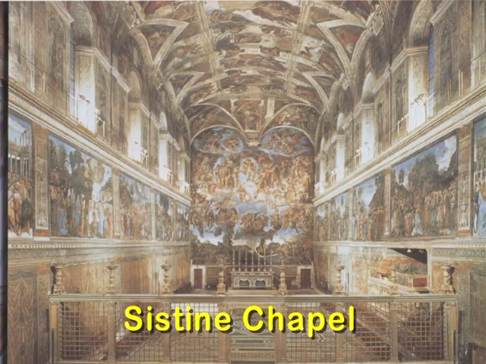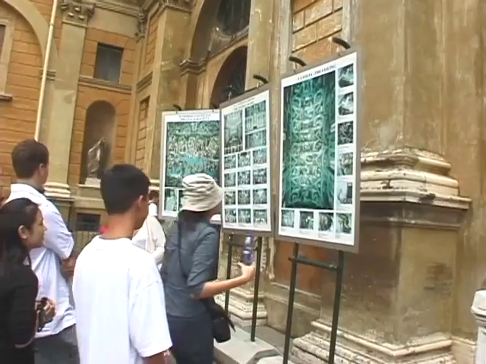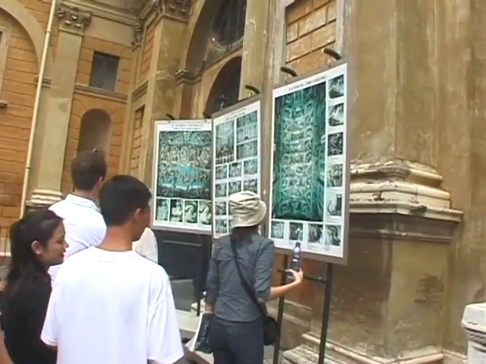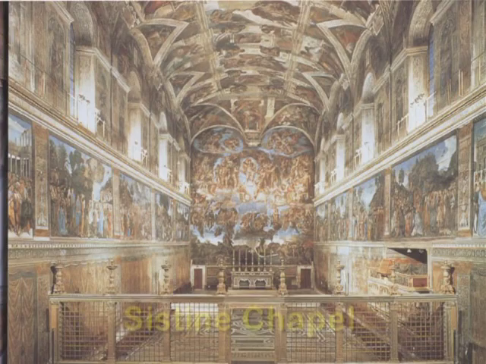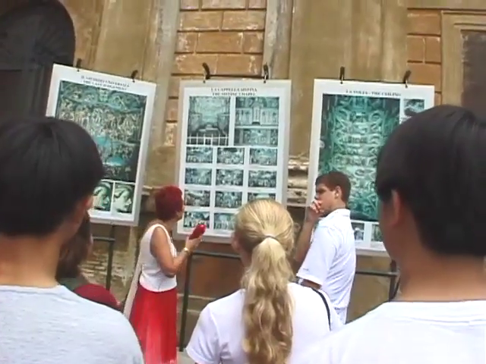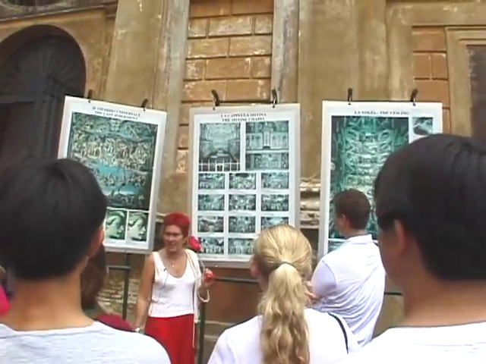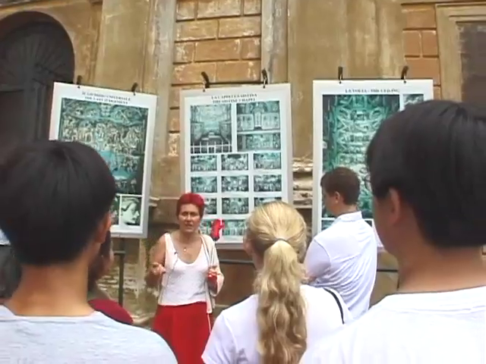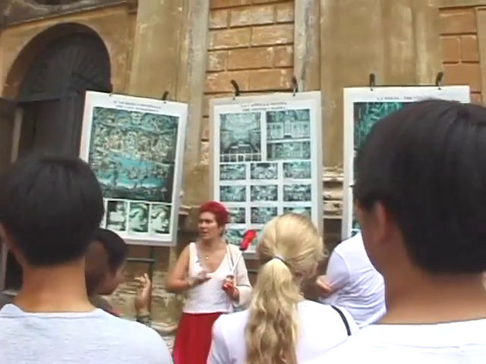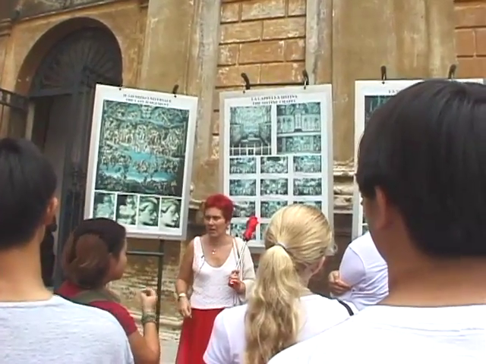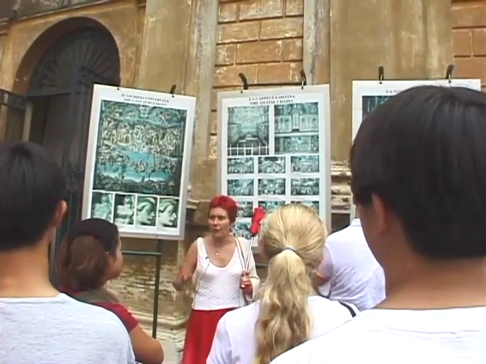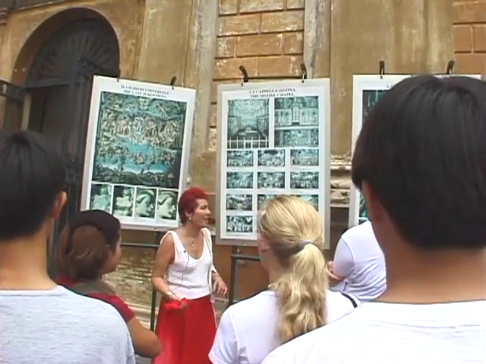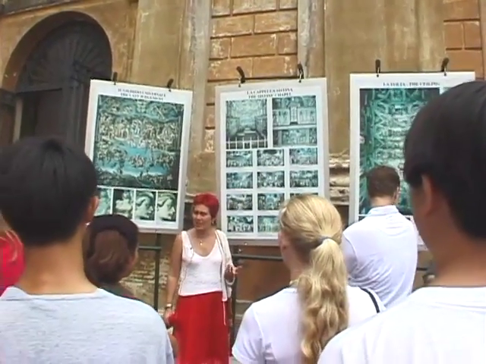Sistine Chapel. What's that? It's the most important, the most sacred chapel inside the Vatican City. But the most important part of the Sistine Chapel is the decoration. It's completely decorated by frescoes. And we have 3 different periods of decoration and of frescoes. The first period is the beginning of the Renaissance.